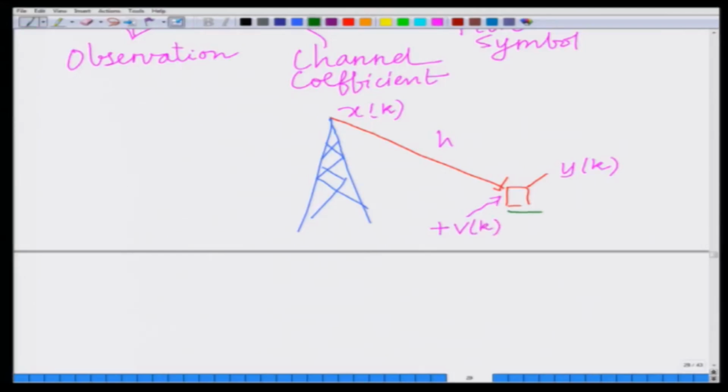So, this is my mobile and this is my base station, and this is a simple wireless downlink scenario.